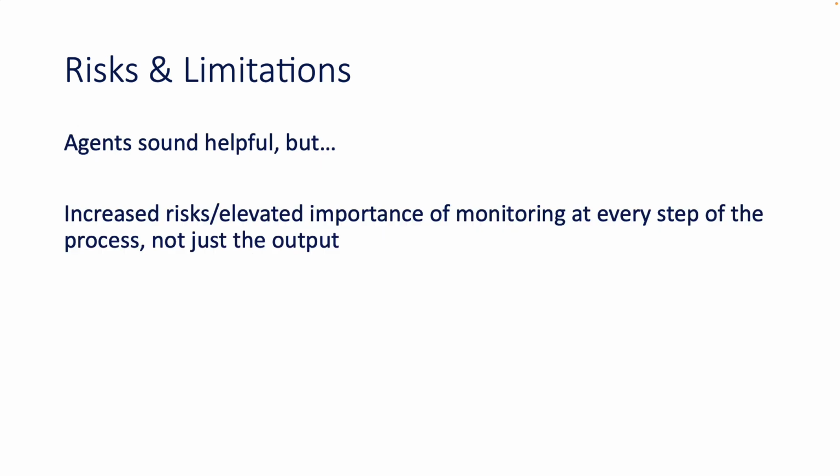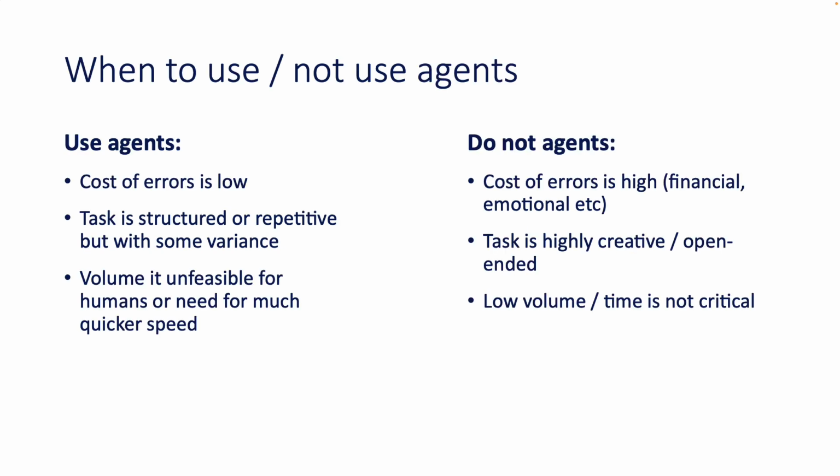Now, agents sound really helpful, but it's important to keep in mind that there's increased risk and an elevated importance of monitoring every step of the process, not just the output. When it comes to agent use, think of using agents when the cost of errors is low, when the task is structured or repetitive with maybe just a little bit of variance, or the volume would just be infeasible for a person to do.